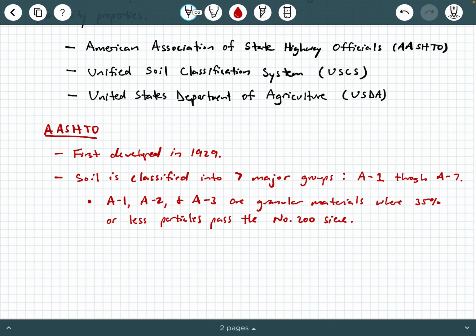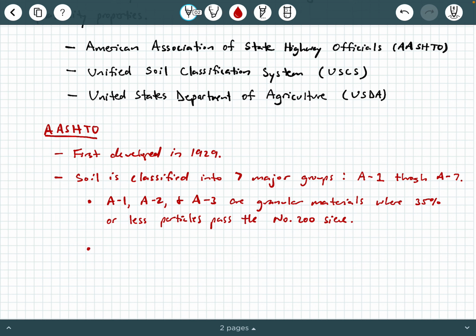All right, so the first thing you want to look at when you're going through the AASHTO classification process is what percentage of particles have passed the number 200 sieve. If you have 35% or less of the particles passing the number 200 sieve, you're going to fall into either groups A-1, A-2, or A-3, all right?